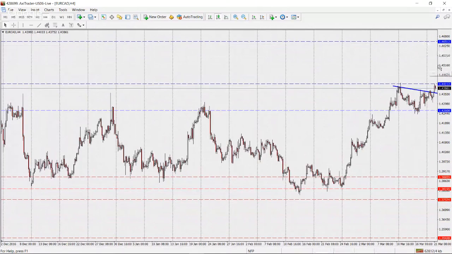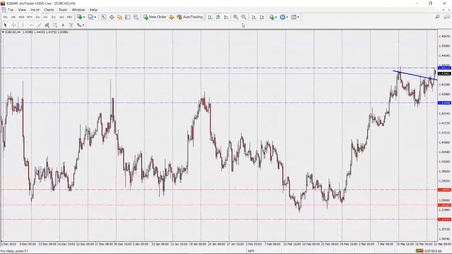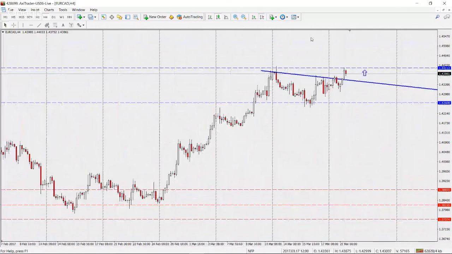You could even just go at 1.46, but that's really far away. So again, I'm a little bit leery of this one just because I really would like to see it break above this level before I go long. So I'll probably wait for it to spend time up here and then pull back and bounce off this. And this is the 1.4410 level, right?